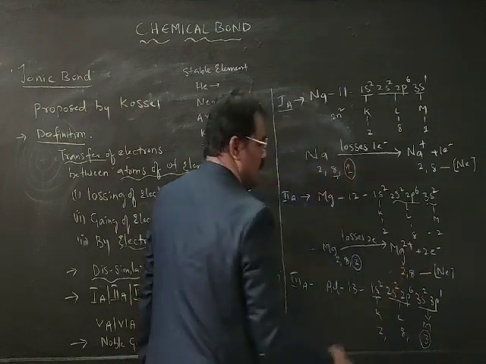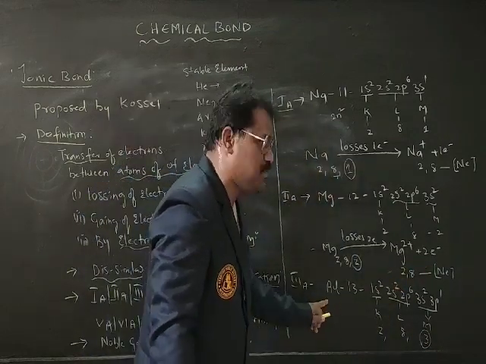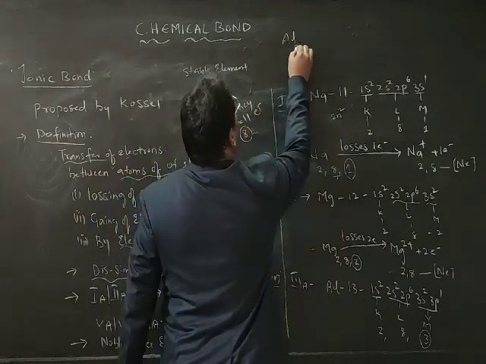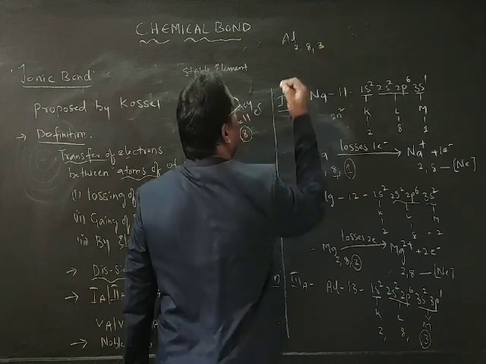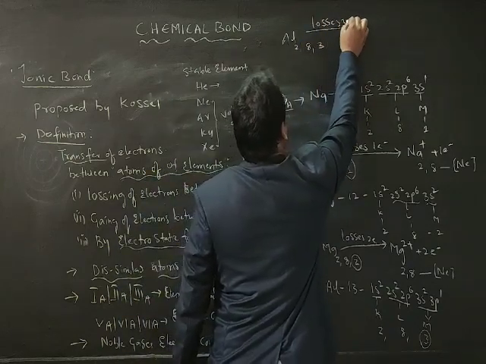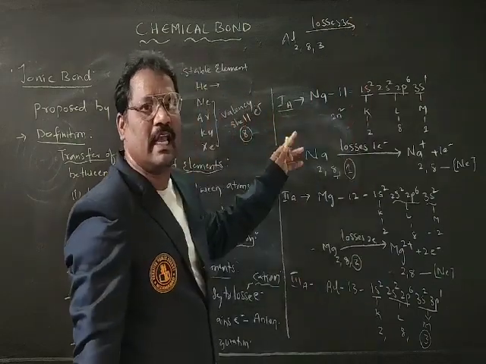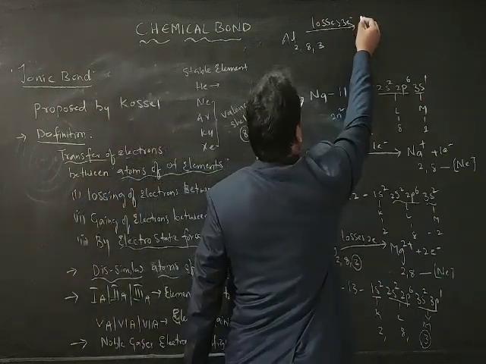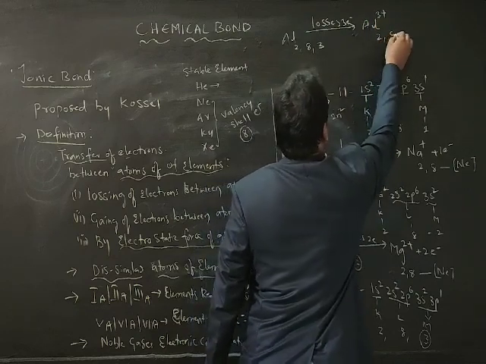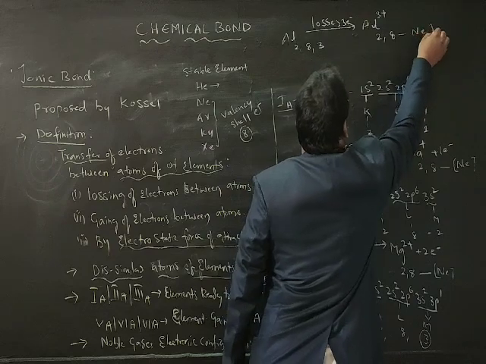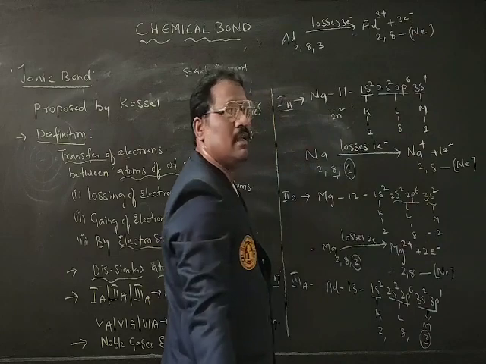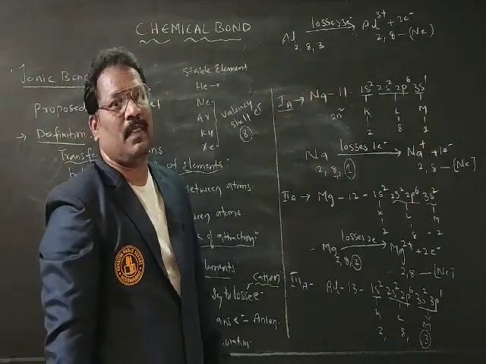Therefore, these 3 electrons will be lost by the aluminium atom, 2, 8, 3, losing 3 electrons and forming the aluminium 3+ ion, which is 2, 8, equal to the neon electronic configuration, plus 3 electrons.